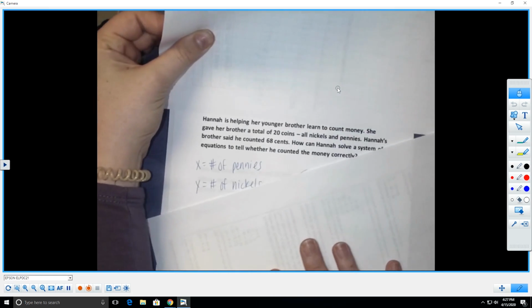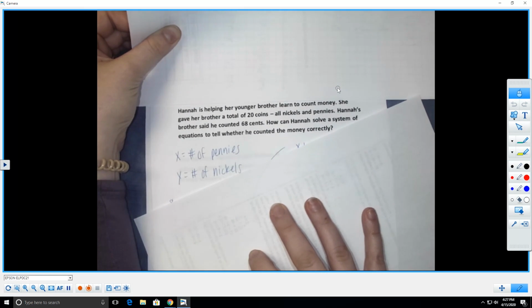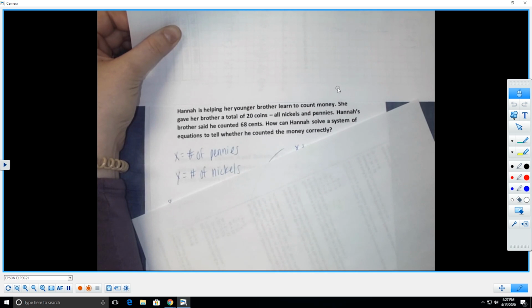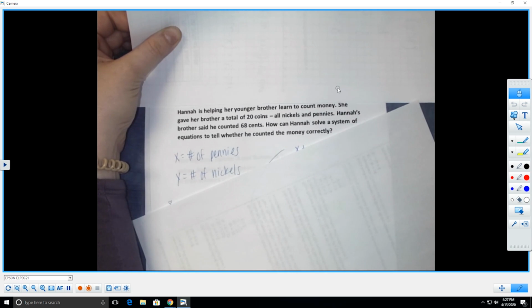First, let's write our system of equations to relate the number of nickels and pennies. We're going to let x equal the number of pennies and y equal the number of nickels. We know that the total number of coins is 20 and the total value of the coins is 68 cents.